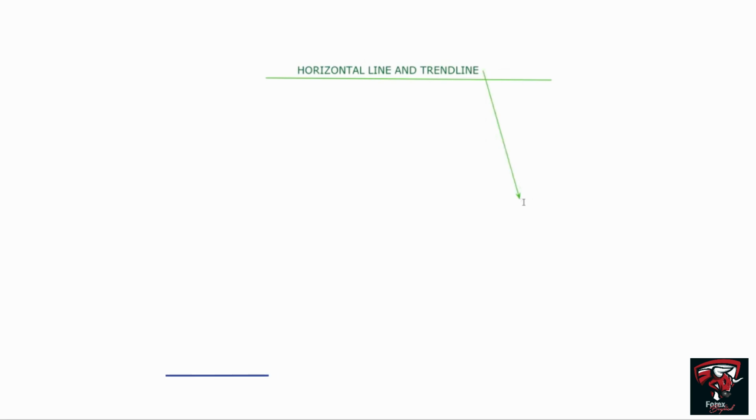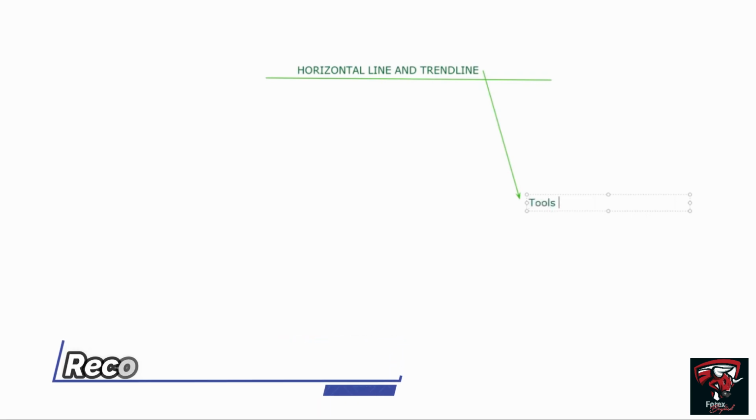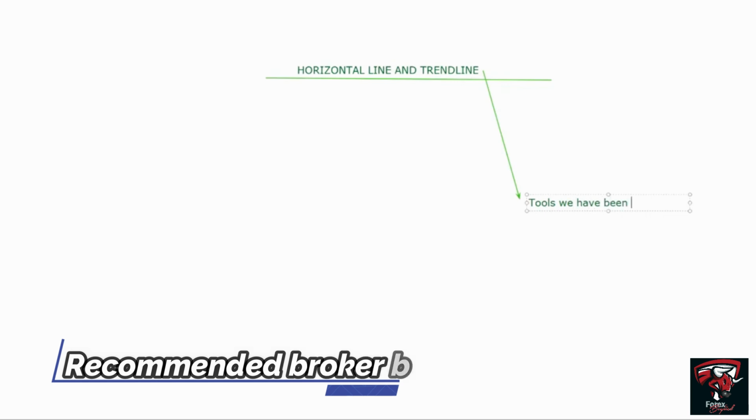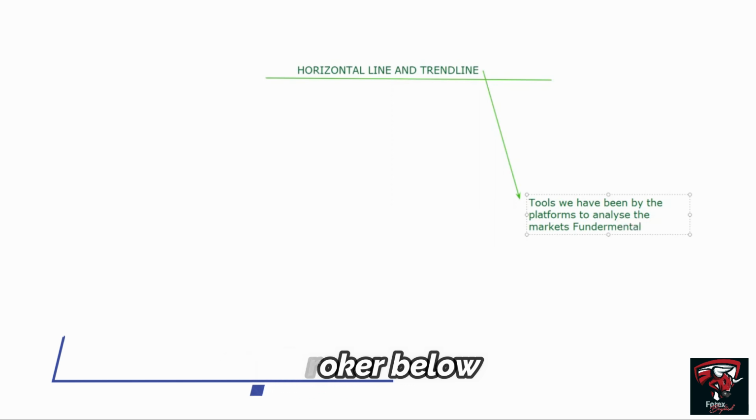Okay, the first question you should ask yourself as a trader is: what is a trend line and what is a horizontal line? Clearly, as I told you, a trend line is one of the tools you've been given by the market, by the platforms, to analyze the markets, either fundamentally or technically.